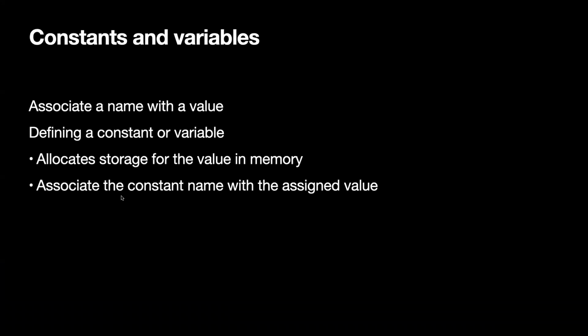Then you associate the constant name with that assigned value. In a simple way, it's just a place inside the memory where we can store a value. That memory, we give it a name, and that name is the variable or the constant.